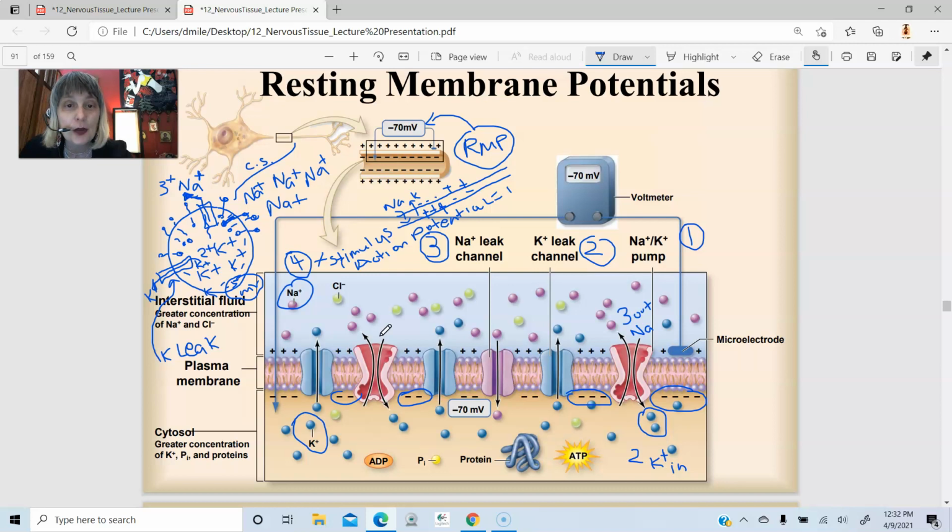So how do charged molecules get in, and how do we even get a resting membrane potential if, like I said, charged ions can't get in? Well, we have channels, protein channels, okay? And so what we're looking at is the sodium potassium ATPase channel right here.